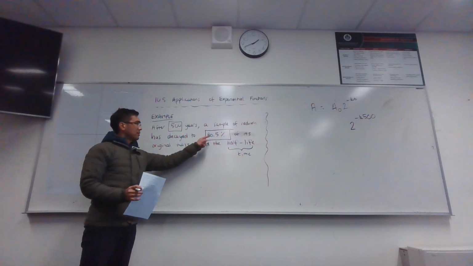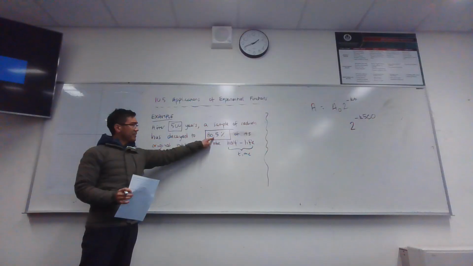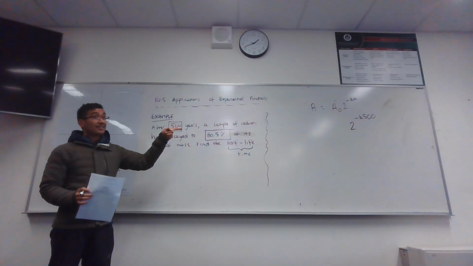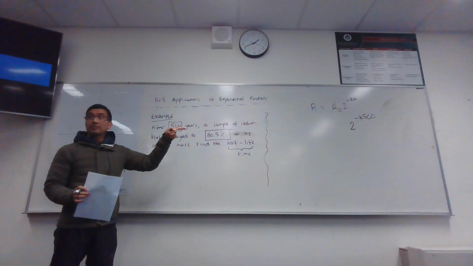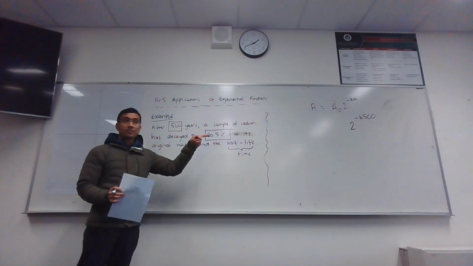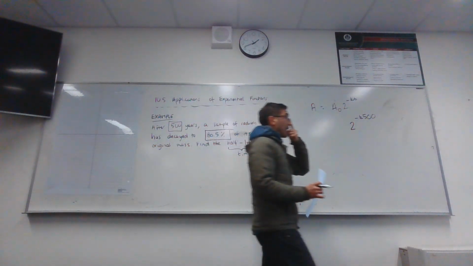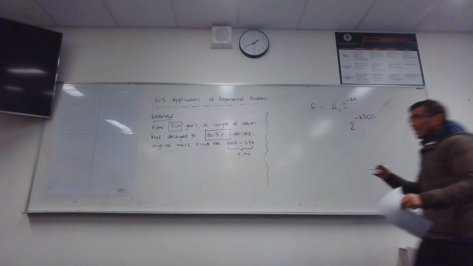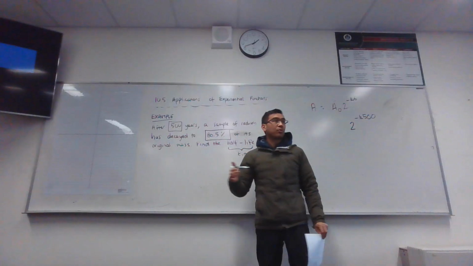How do you relate an 80.5% of its original mass in here? What am I going to do? How am I going to change this equation? So I've got some sort of 80.5% in there. Where do I put it?